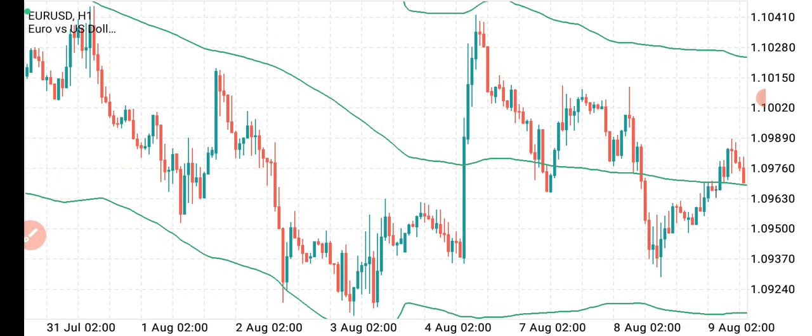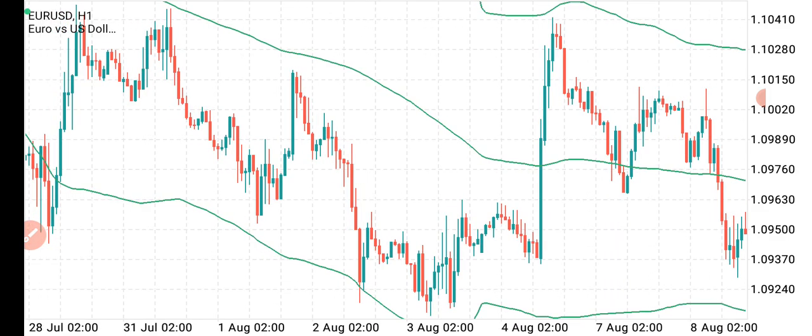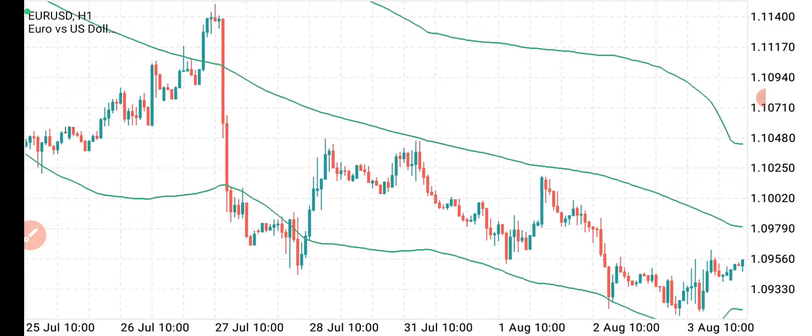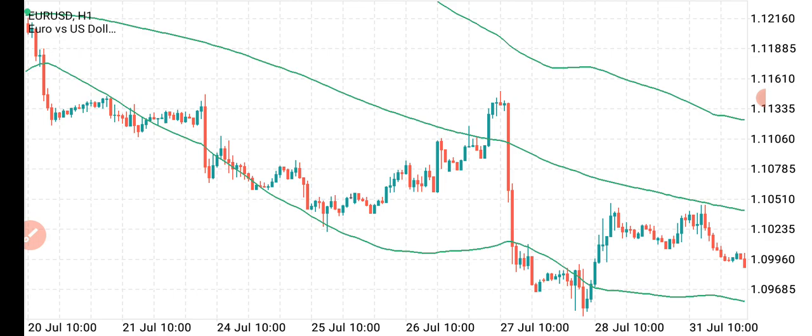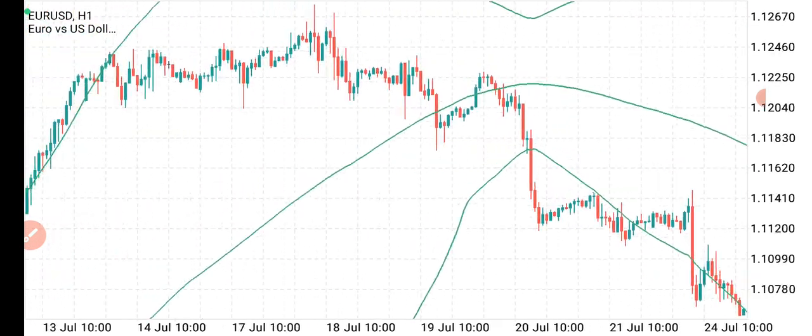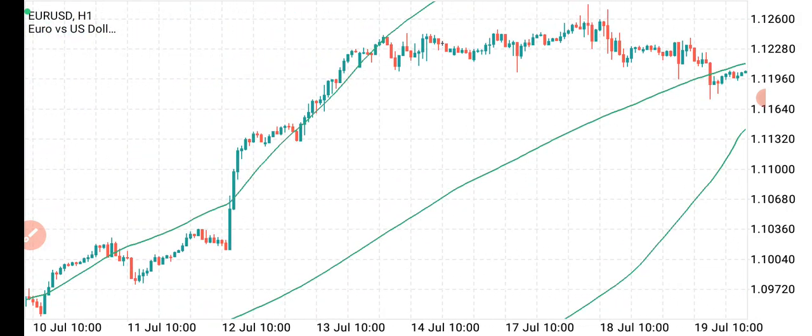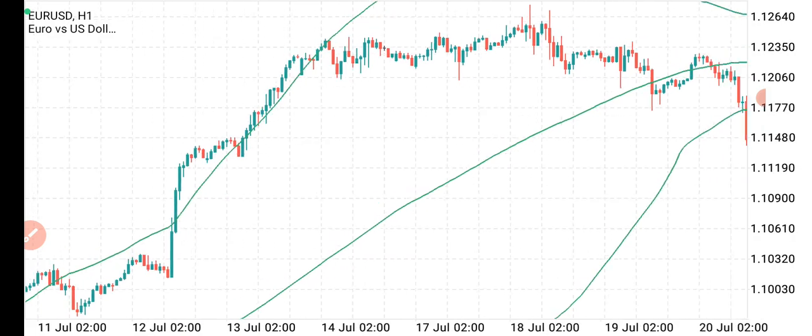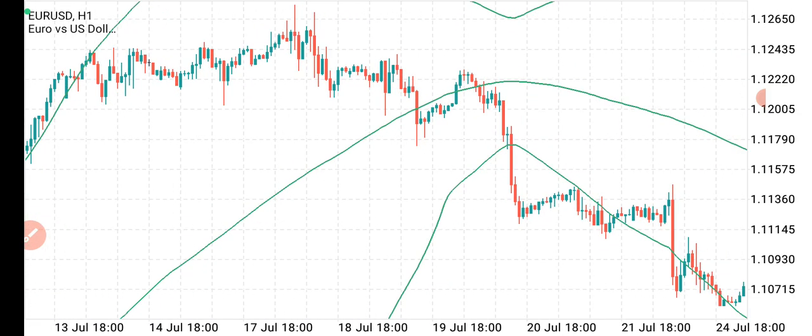Remember, we are not using these candlesticks in isolation. Neither are we using the Bollinger Band in isolation. Now, what do I mean by using in isolation? What I'm trying to say is you don't just see a pin bar anywhere in the market and place a trade.